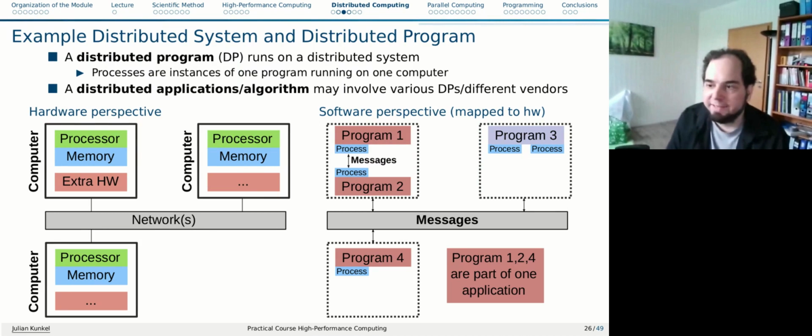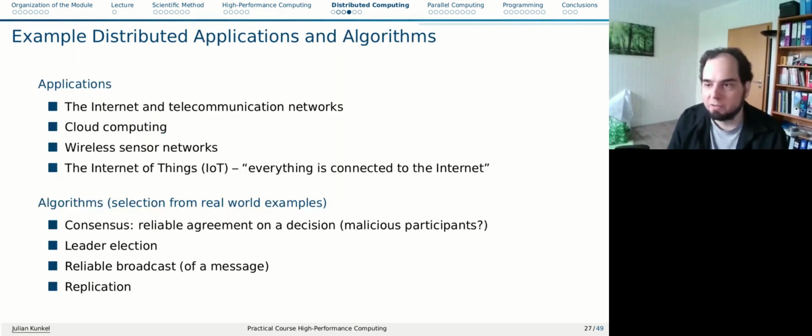Okay, so what we see is also that since there are many computers involved, a distributed application or an algorithm may involve not only different computer systems, but these different computer systems could be equipped with different hardware. And they could be provided with a different software and hardware stack. Okay, you want that your mail works from Apple systems as it works, for example, from my Linux system or from Windows 11.